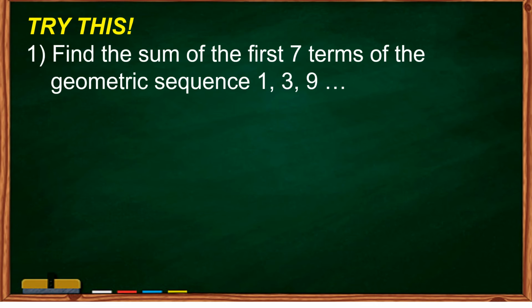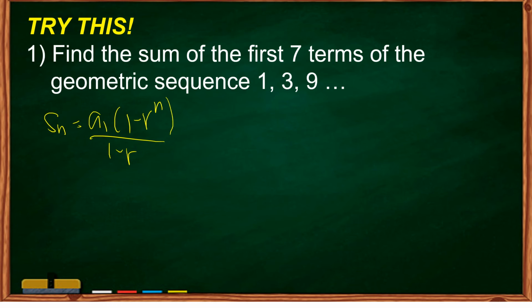Okay, so we have the first problem for this topic. Find the sum of the first 7 terms of the geometric sequence 1, 3, 9, and so on. We are going to use the formula S sub n equals a sub 1 times 1 minus the common ratio raised to the number of terms n all over 1 minus r.